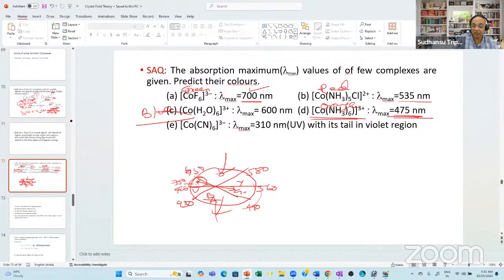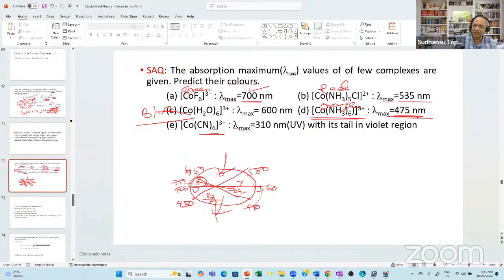Then cyanido ligands, they are very strong field ligands. And let me tell you that the actual cause of the color, if at all there is a color, is due to CTS, because the DD transition peak is buried inside a very intense CTS peak.